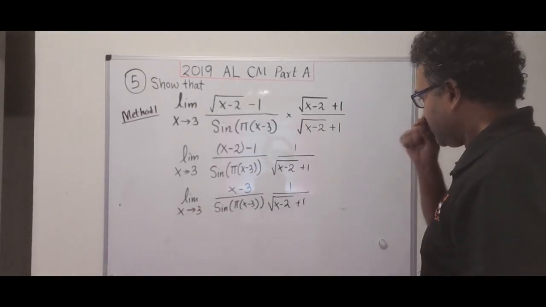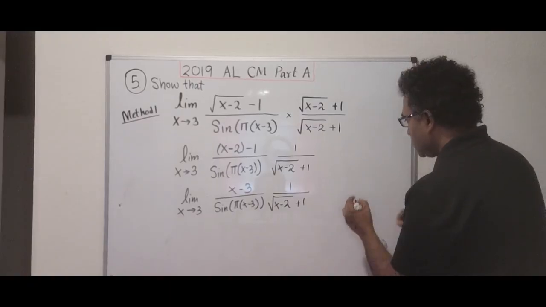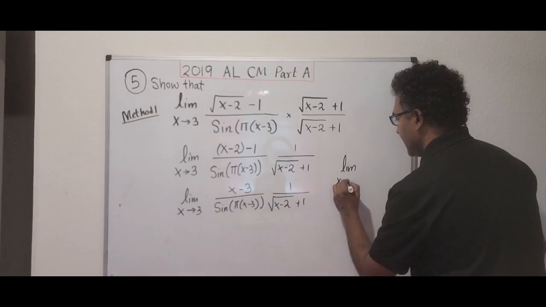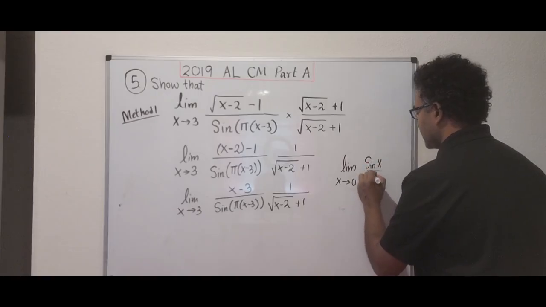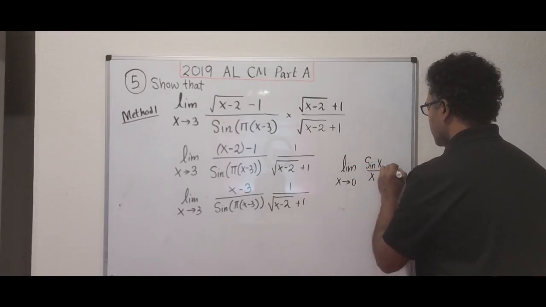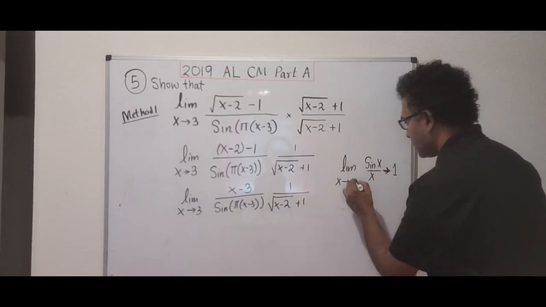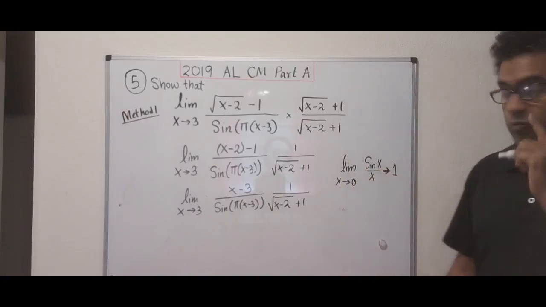Now what I'm trying to do here is that I know that the limit as x goes to 0 of sine x over x is going to go to 1.